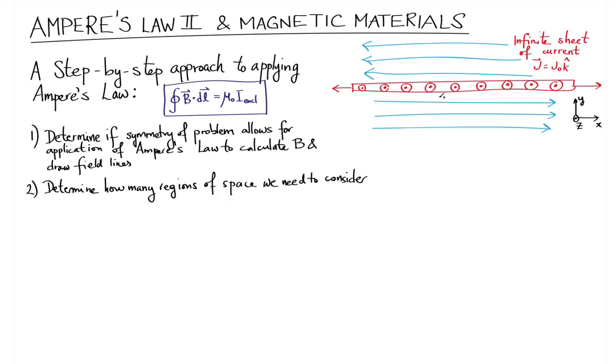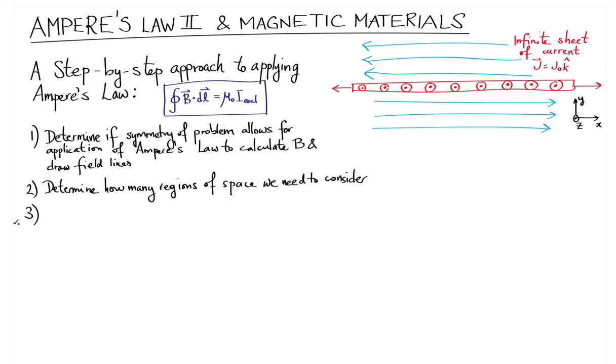And the amount of current enclosed is going to depend on how big my Amperian loop is. Depending on how tall it is, it's going to enclose more and more current. So in this problem, we wouldn't have to worry about it, but in another problem, we might if, for instance, we have to integrate over some kind of current density, okay? In this case, because this is very thin, we're not going to have to worry about that.